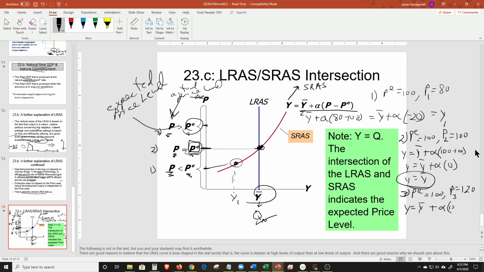So it's going to be 120 minus 100. So people's expectations are broken below and above, and that's what causes them to produce more or less.